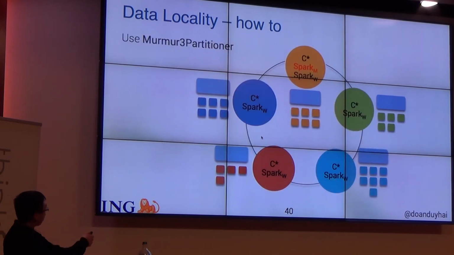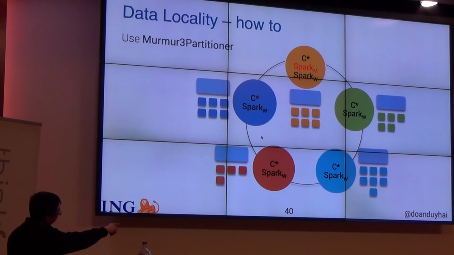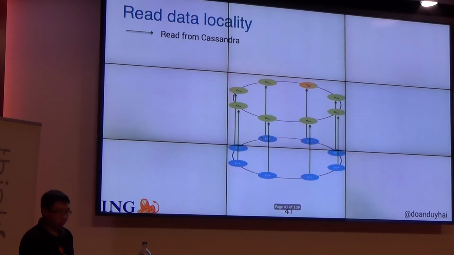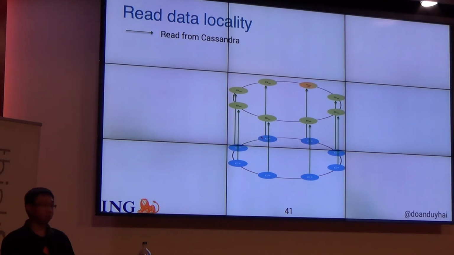So when the Spark worker on the red node asks for data from this partition, the data is just on the local node. When you are reading data from Cassandra, the read is local. It will not go everywhere on the network.